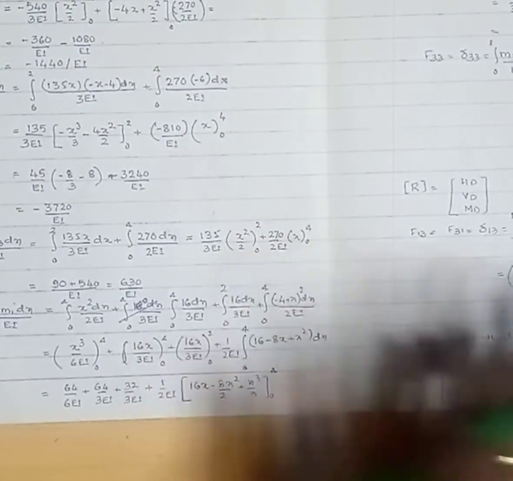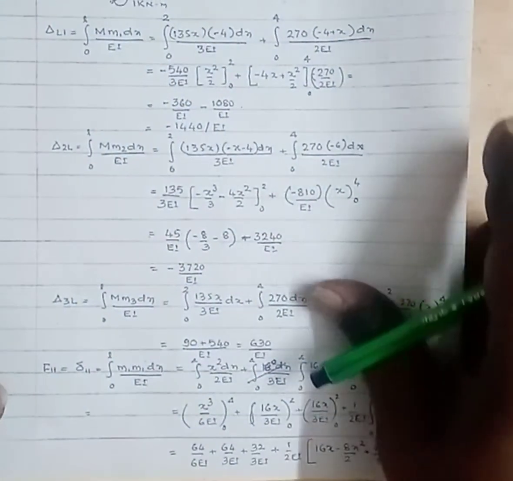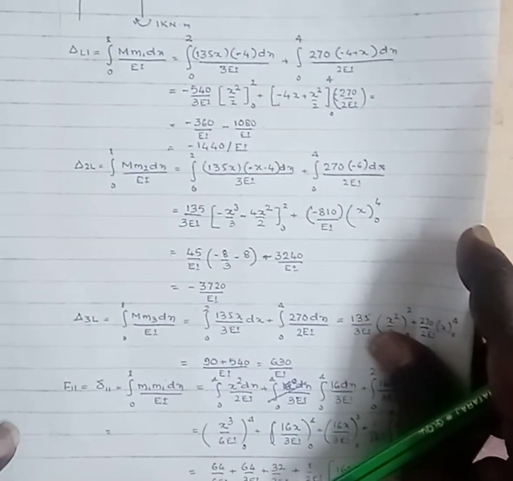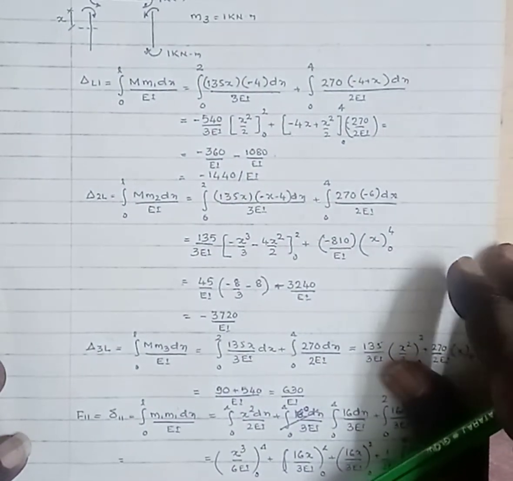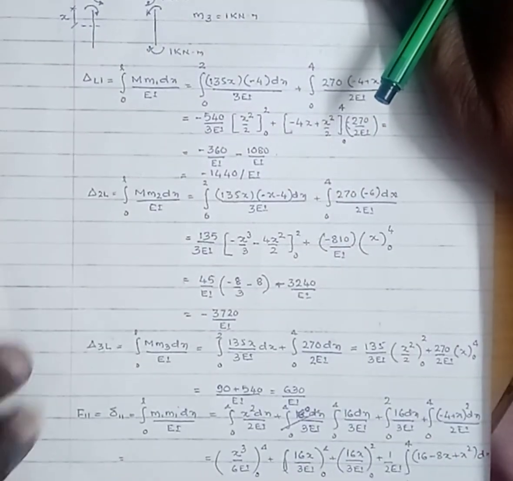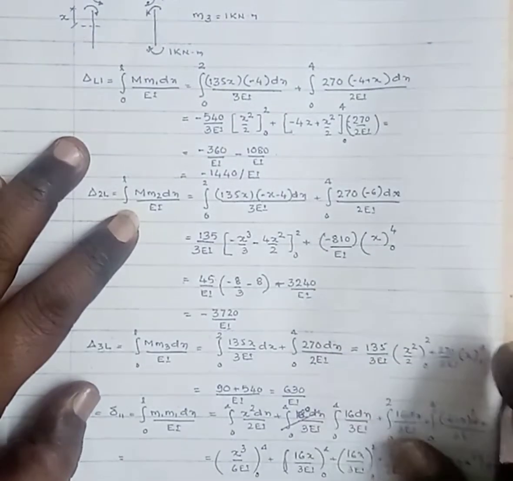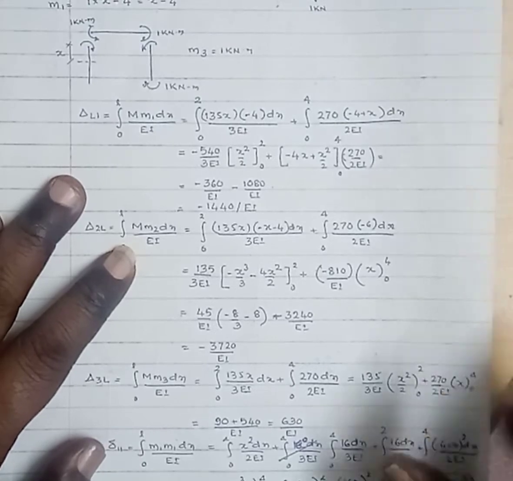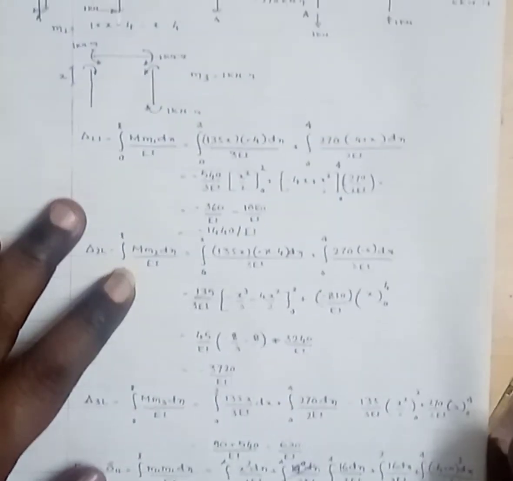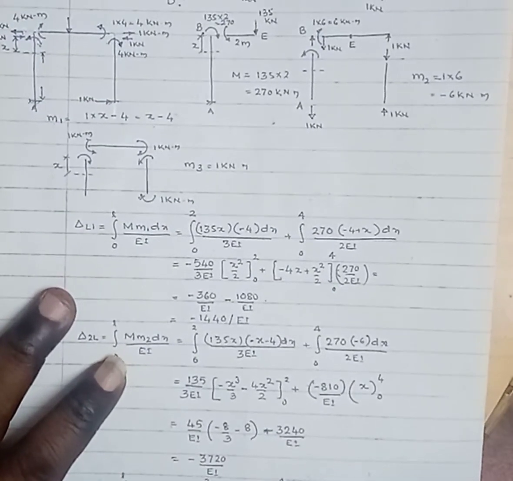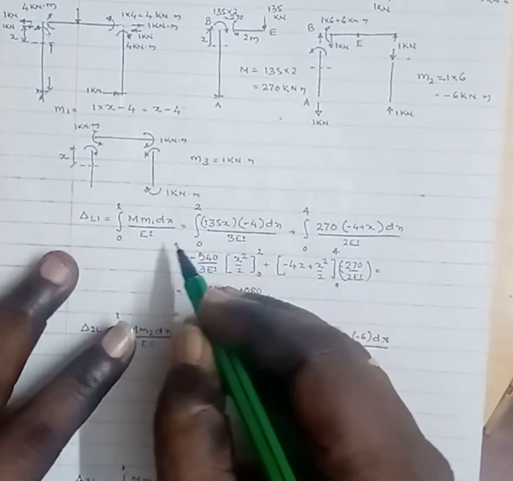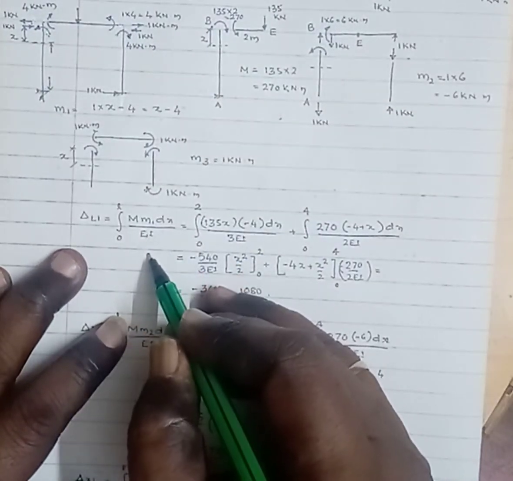Here now we want to find out the displacement at 1 due to the loads applied in the direction of the coordinate 1. Here that one is delta L1 equals, that is the displacement in the direction of the load in the direction of the coordinate 1 due to the applied load.